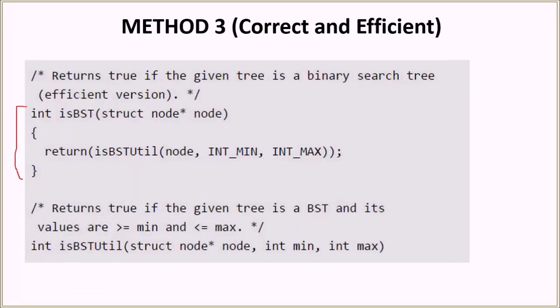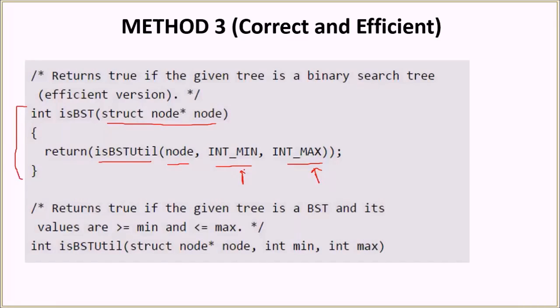The isBST function will be passing the root of the node, and then we'll be calling isBSTUtil with the node and the minimum and maximum value. For the first time, we are passing the minimum and maximum value here. For the other calls, we will not be passing the minimum and maximum value. We will actually be passing the values according to the node's actual value.